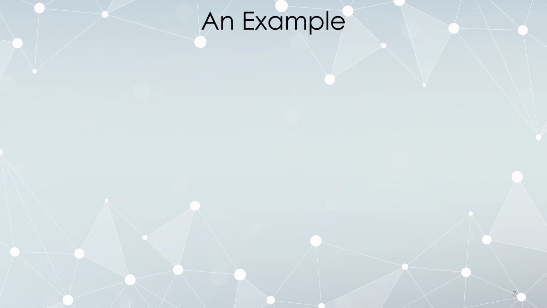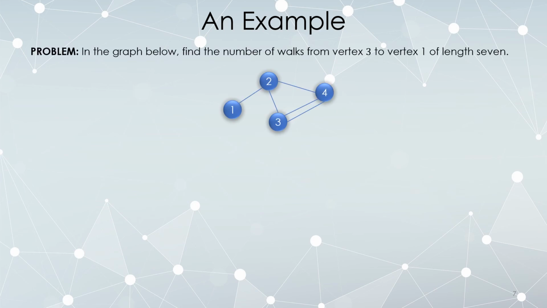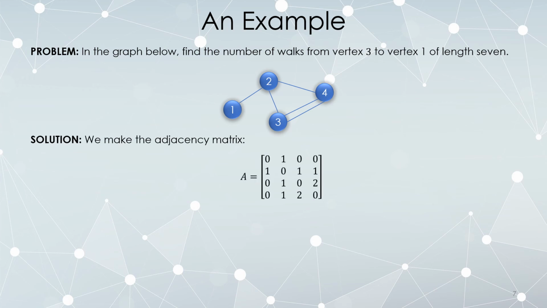Now let's take a look at an example. In the graph below, the graph we saw at the beginning of the video, find the number of walks that begin at vertex 3 and end at vertex 1 using exactly 7 steps. So we make the adjacency matrix. We already saw this earlier in the video. It's a 4x4 matrix whose entries tell me how many edges go from vertex i to vertex j.